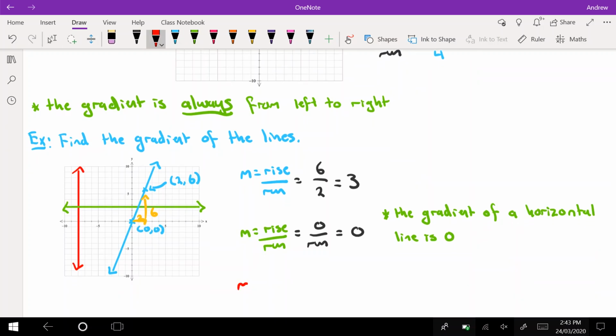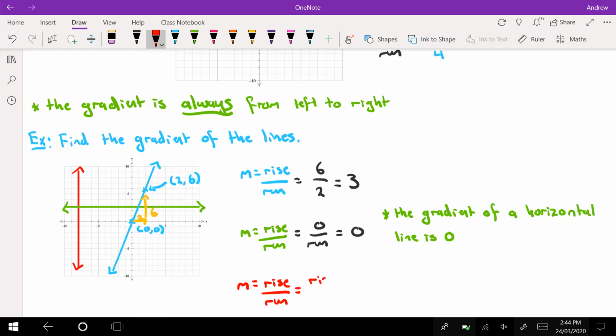Now, for my vertical line, you can see that I'm always going to be going up or down, but I'm not going left or right. So what does that mean about my run? What does that mean in my change in horizontal? How much am I changing? 0.